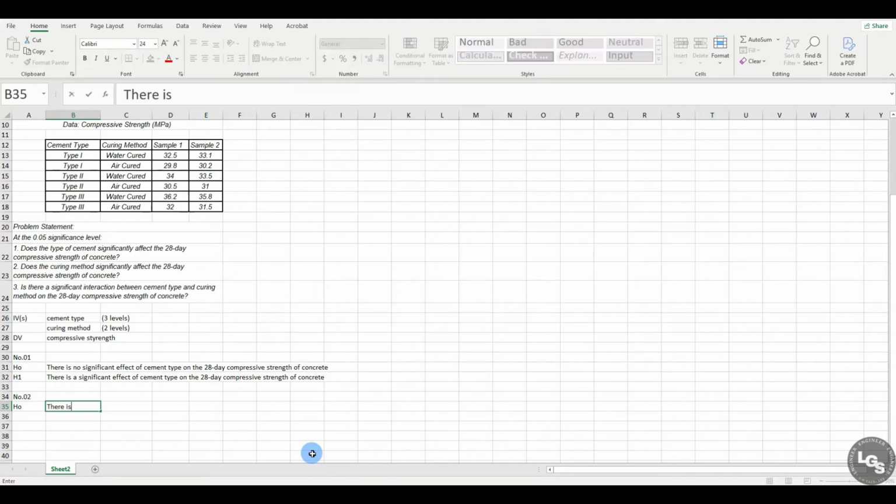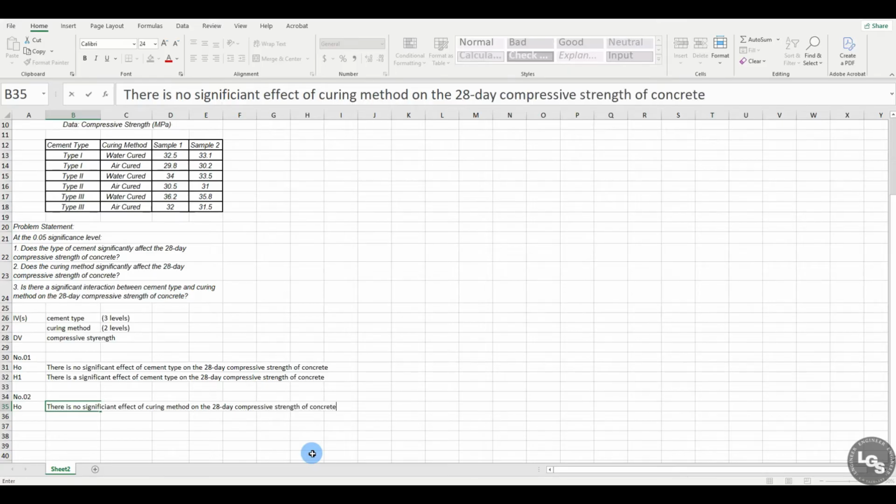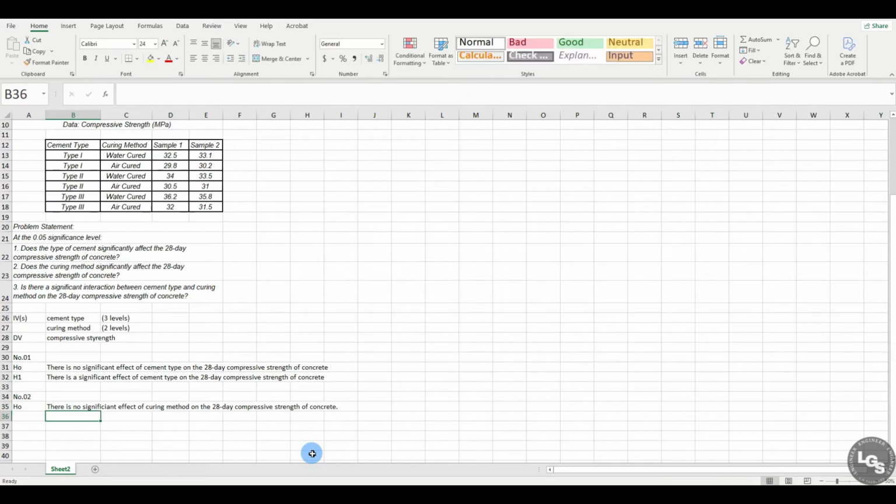So the null hypothesis will be, there is no significant effect of curing method on the 28-day compressive strength of concrete. So meaning the compressive strength of the water cured is equal to the compressive strength of air cured because there is no difference.